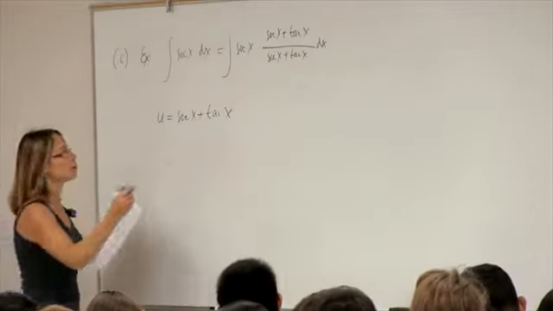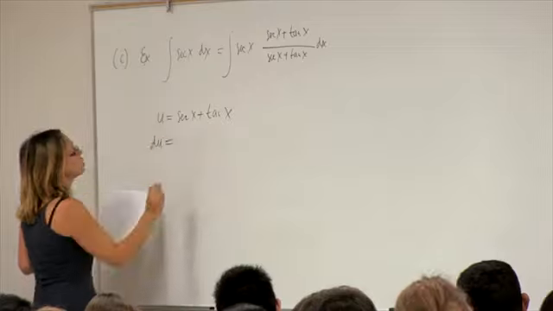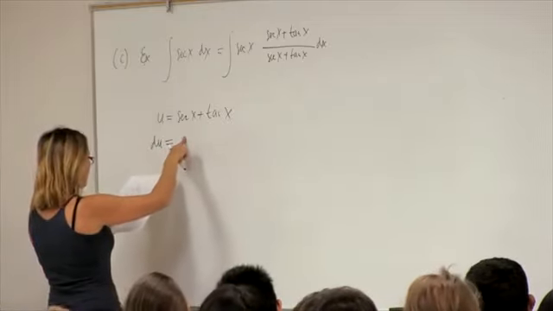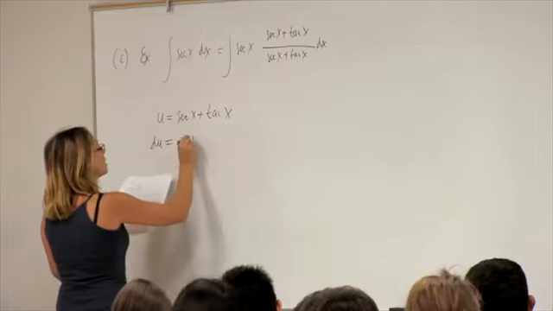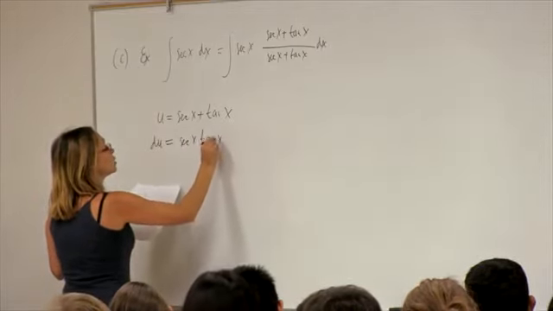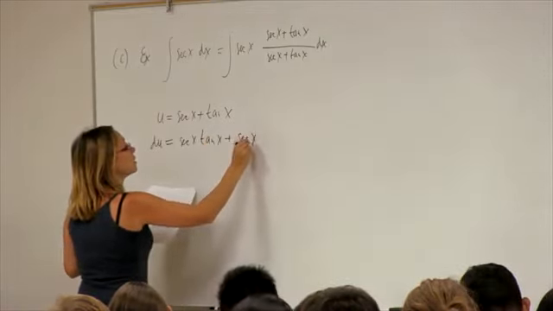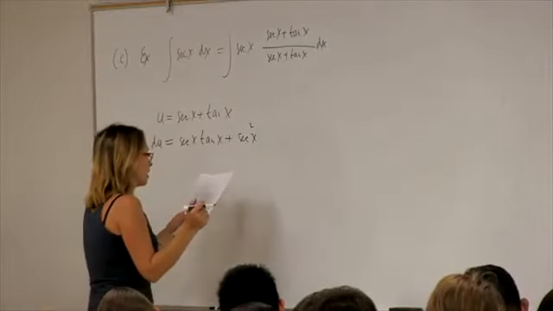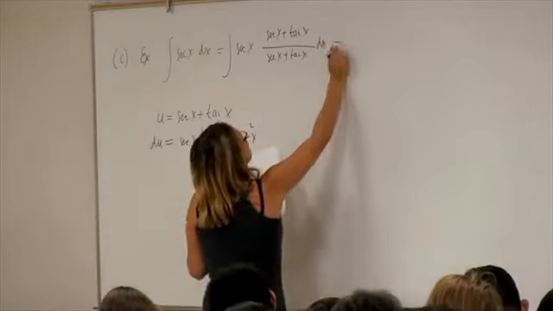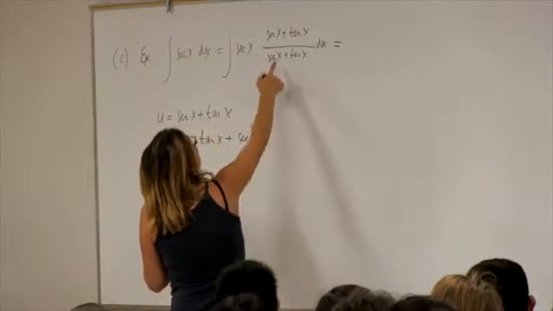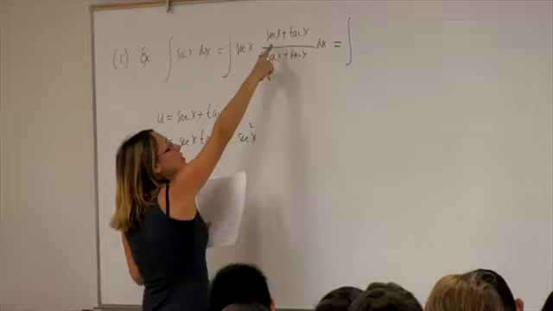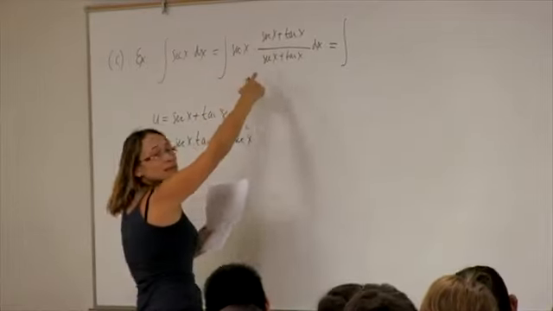Okay, so the next step is always to calculate du. Secant x tangent x plus secant squared x. Okay. So I'm going to continue writing here by multiplying through the numerator by the secant.